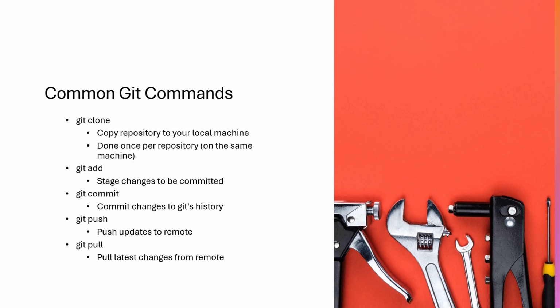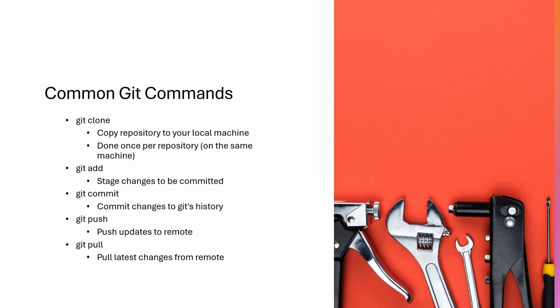It only needs to be done once, and that's when the project is started. So every time you start a new project, the very first step you'll do is a clone. And then updating the machine with changes on the server is done using the pull command later on. We'll talk about that in just a minute.